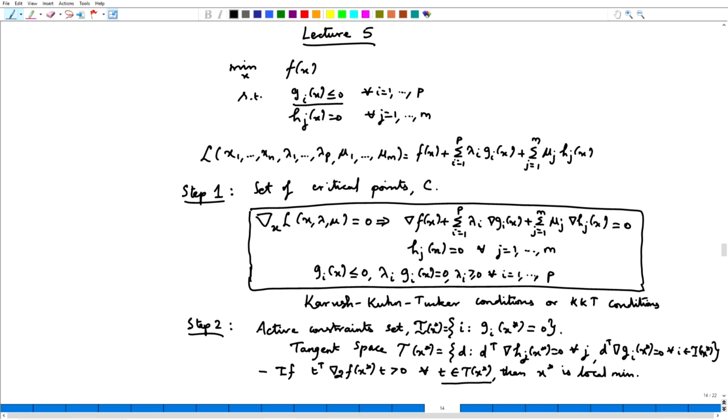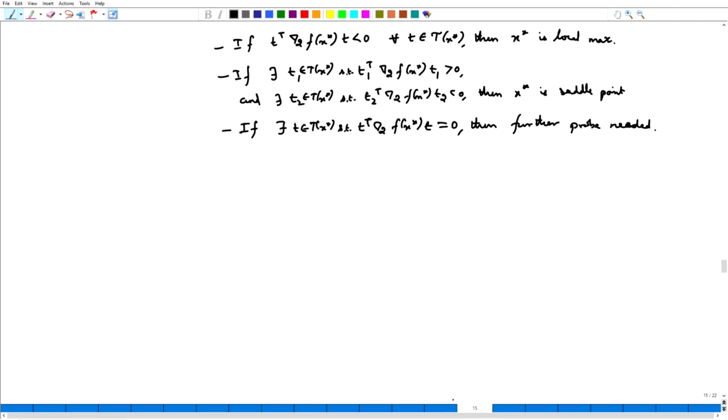If, for this restricted set of vectors, you have the condition t transpose del 2 f of x star t positive, then x star is a local min. If it is less than 0, then it is a local max. If you have one T1 in T of x star such that the quantity is greater than 0 and T2 in T of x star such that the quantity is less than 0, then it is a saddle point.